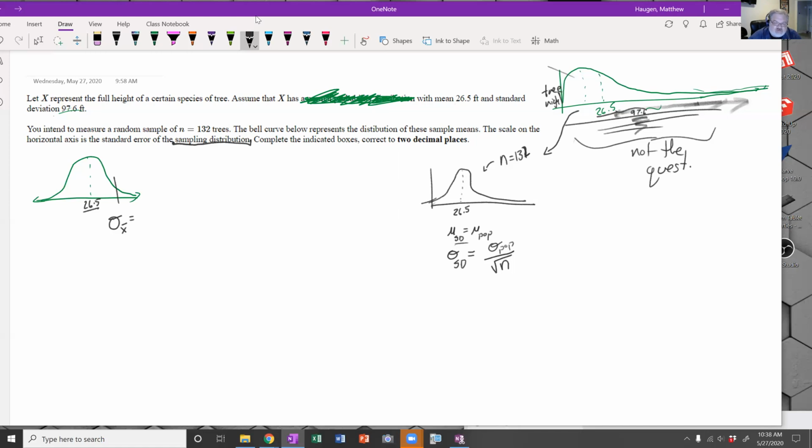So the sigma, the standard deviation of a distribution of means, should end up being that 97.6 divided by the square root of the 132. And that's going to give us the standard deviation of our sampling distribution, as opposed to the standard deviation of our population.